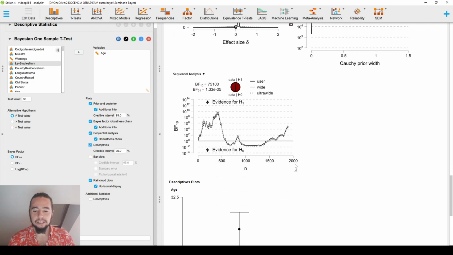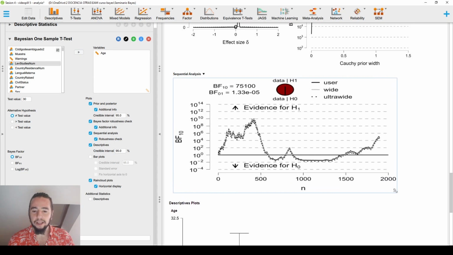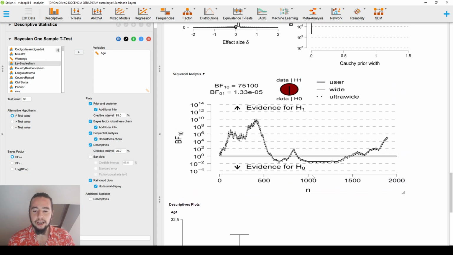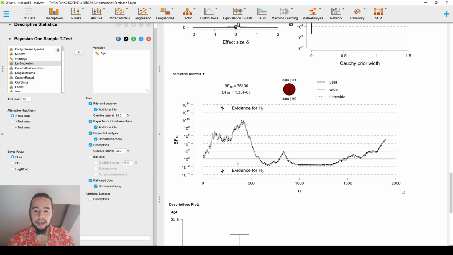And here is the sequential analysis. As you can see here, we have a super strong support in some part of the sample, and then it goes down towards basically nothing, stays even against the hypothesis, and then scales up a bit.